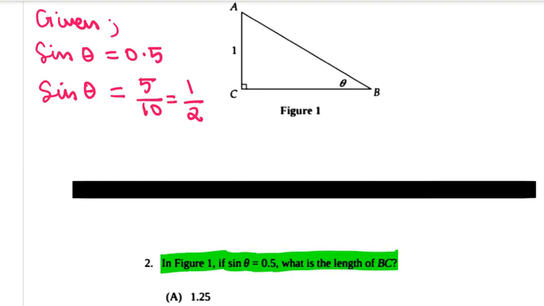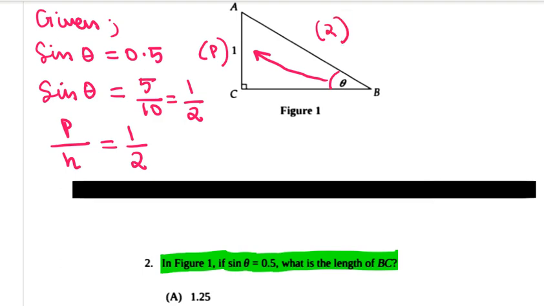Now sine theta is perpendicular by hypotenuse, which is equal to 1 by 2. Opposite to the angle theta is the perpendicular, so this is the perpendicular. That means the hypotenuse is 2. So we can find the length of BC by using Pythagoras.